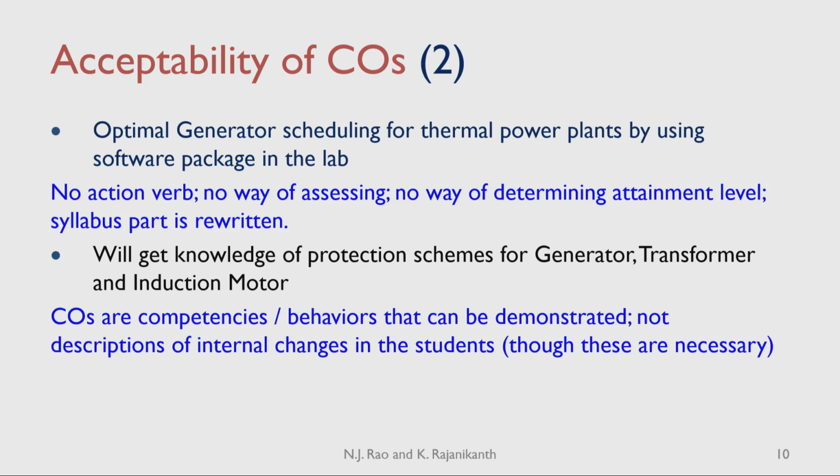Internal changes are necessary. Student must really get the knowledge of the protection schemes. So, a change must occur in his brain or her brain, that is absolutely necessary, but that is not an outcome statement. What the student is able to do because of getting that knowledge, that is an outcome statement.